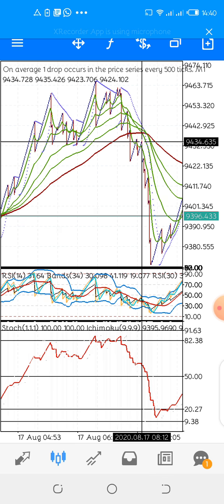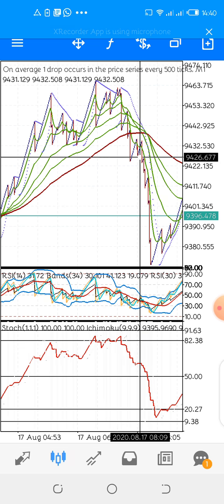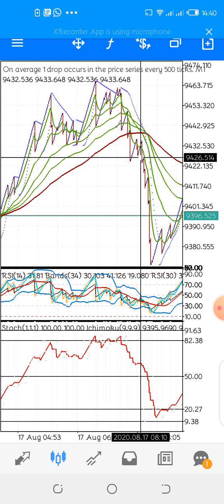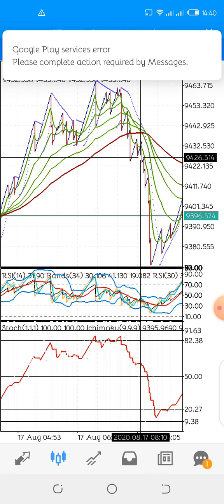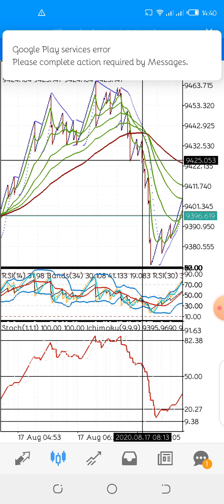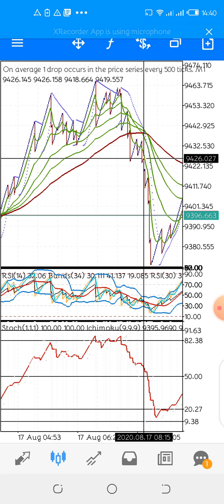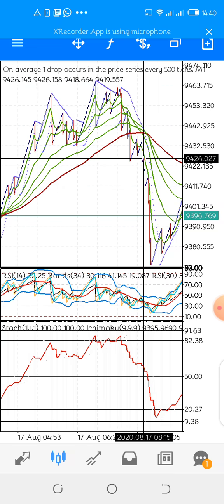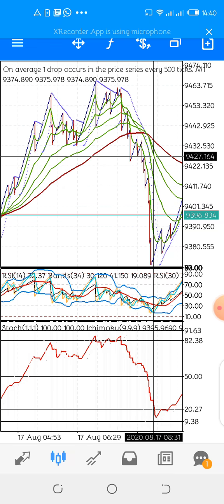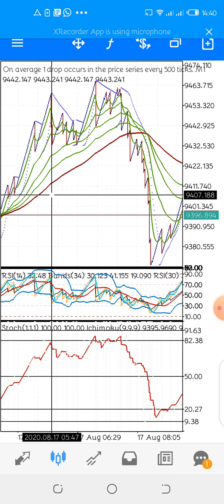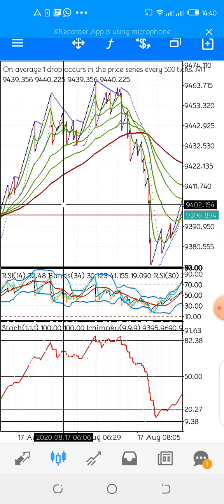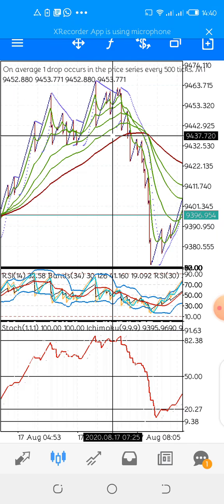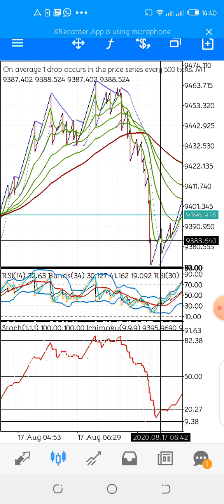So after that second spike, you could have gotten your going down trade here, and just go all the way down with it. Why I love this kind of setup is that the linear 300 gives us direction. When we are above it, we buy. When we are below it, we sell.